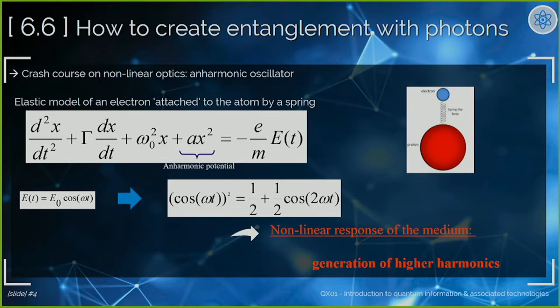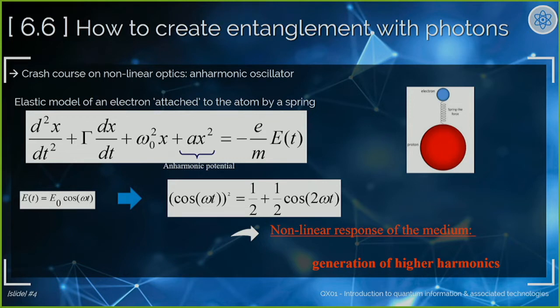That's what we call second harmonic generation, because you started with a given harmonic omega and you end up with a harmonic of 2 omega. So you basically created a different color going through your crystal. Thanks to nonlinearity, you end up with 2 different frequencies, omega and 2 omega.